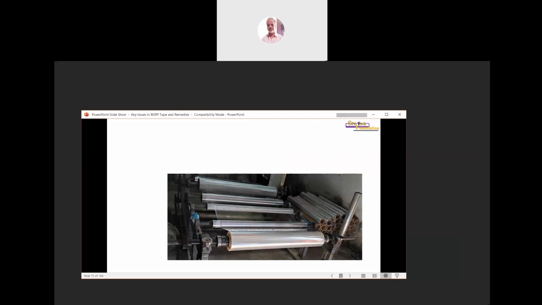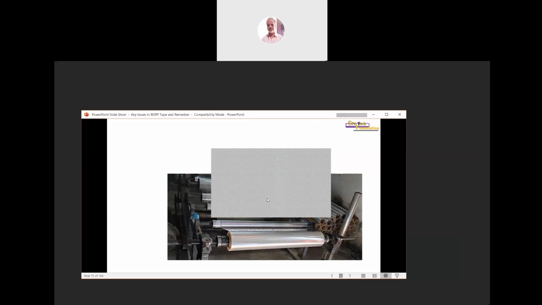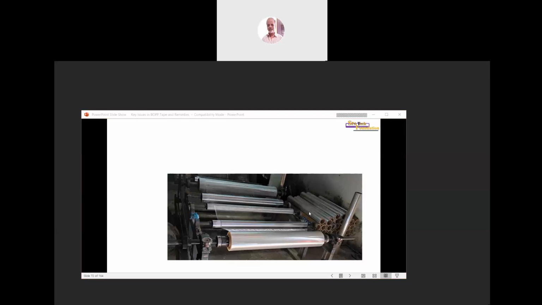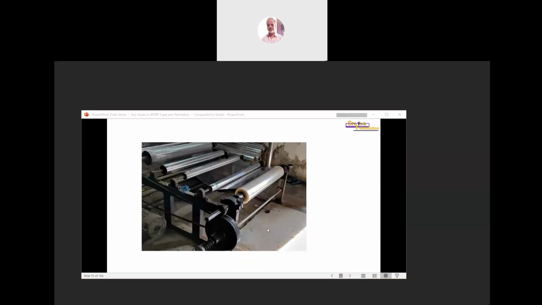Now this is the wound roll. It is a perfect roll, but if the adhesive has been coated on the edges, then the adhesive on the edges will create heaps on the two edges, and that could create a lot of problems.